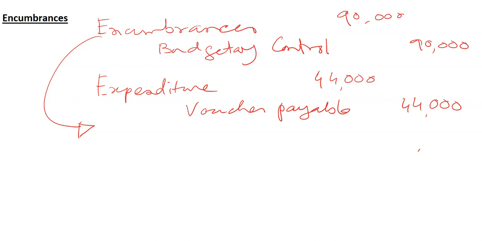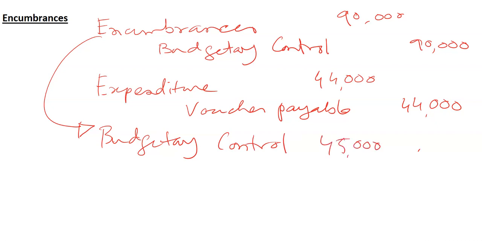So we will debit budgetary control. Again, it's for the 1 truck they just purchased. Another is still remaining as an encumbrance. So to eliminate budgetary control, that means the credit item, we debit it $45,000, and credit encumbrances $45,000.